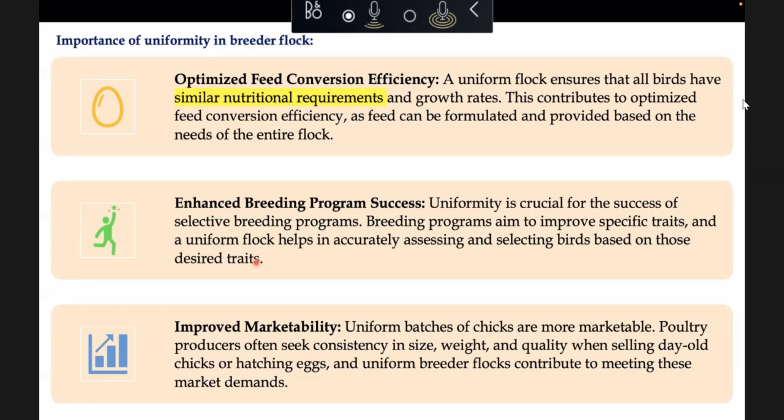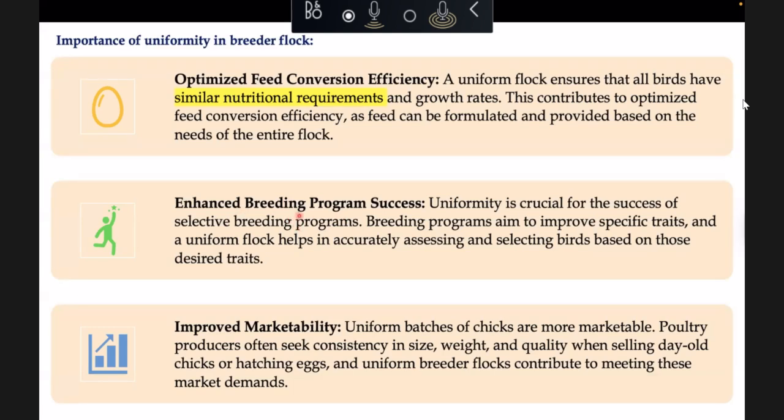From GPP, if we are doing some breeding practices to produce the grandparents, GP, then if the GPP stock is uniform, then it will be easier for us to select the birds of desired characteristics.